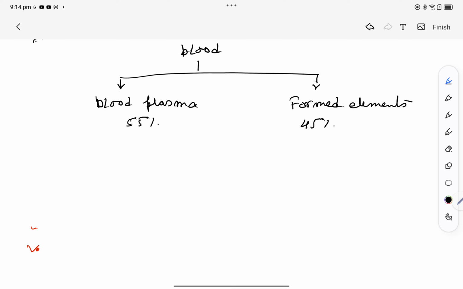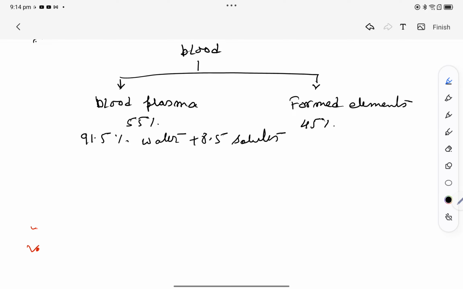Now among this 55%, that is the entire blood plasma, 91% is water and the remaining 8.5% is solutes.